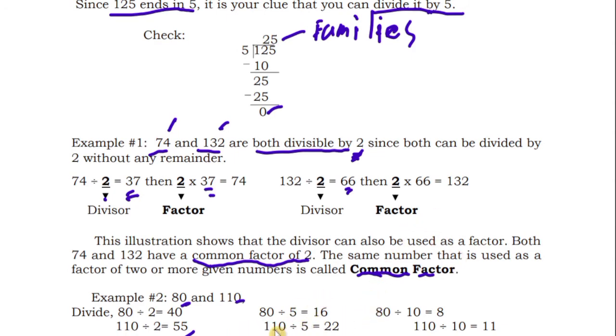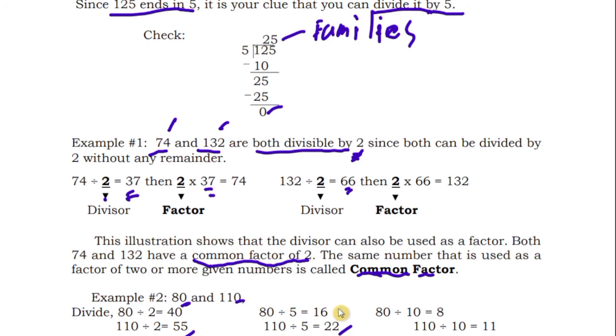Let us check. If a certain number ends with 0, divisible by 2, then it is also divisible by 5. Showing here, 80 divided by 5 is 16, and 110 divided by 5 is 22.